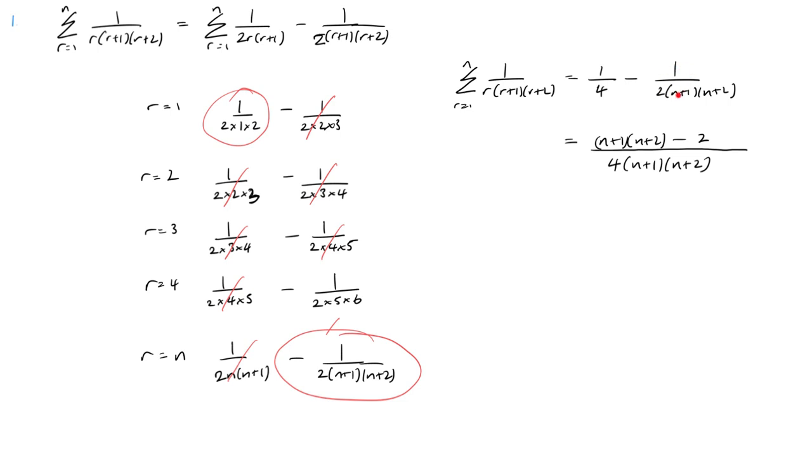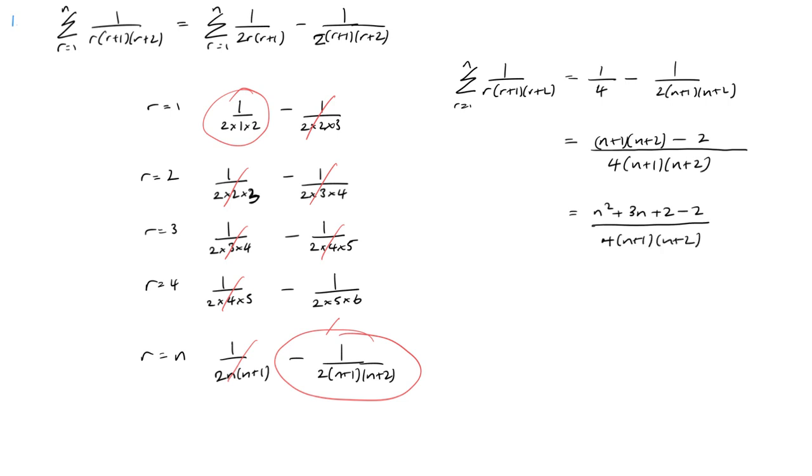Okay, because I'm going to times this fraction top and bottom by 2 to get this, and times this fraction top and bottom by (n plus 1)(n plus 2). So that's going to be n squared plus 3n plus 2 minus 2 over 4(n plus 1)(n plus 2).